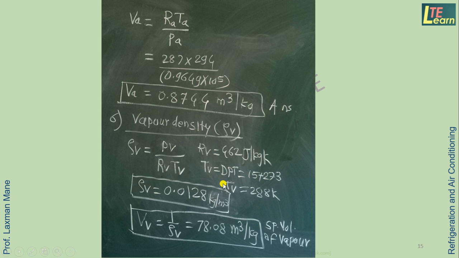By putting these values, we get the value of rho v, meaning vapor density in kg per meter cube, meaning mass upon volume. Specific volume is the reciprocal of density. So 1 divided by the value of density, we get the answer, that is specific volume of vapor in meter cube per kg.